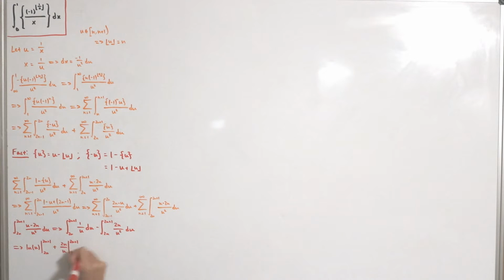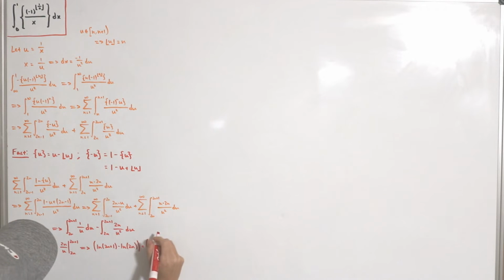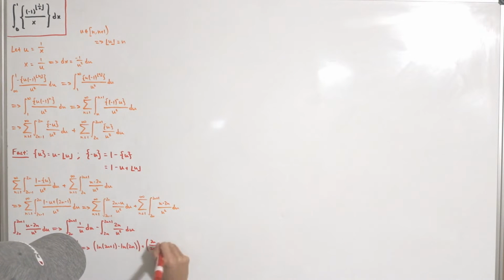We get ln of 2n plus 1 minus ln of 2n, and then plus 2n divided by 2n plus 1 minus 2n divided by 2n, which is just 1.